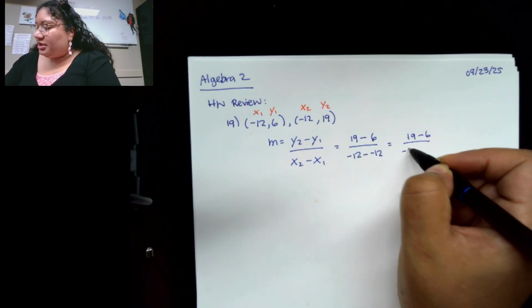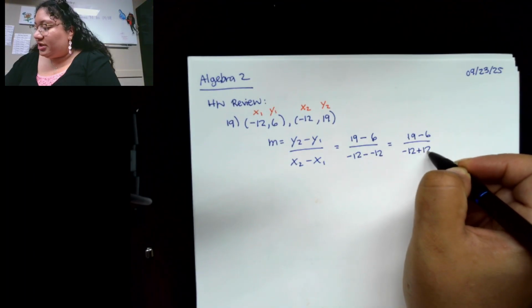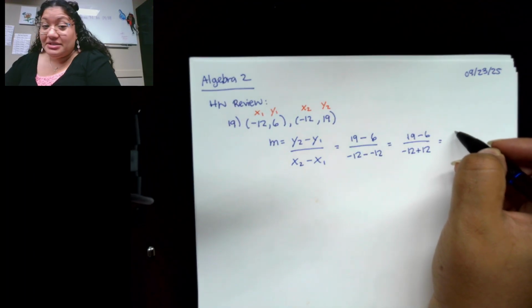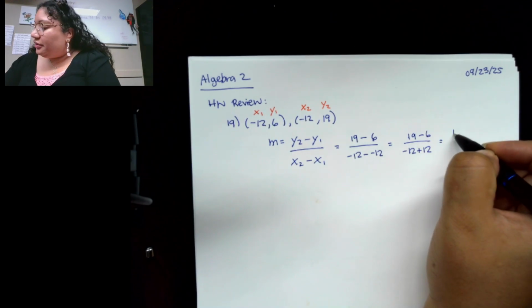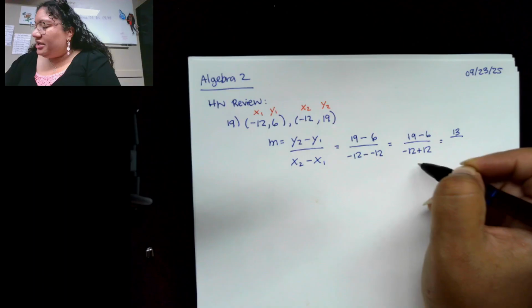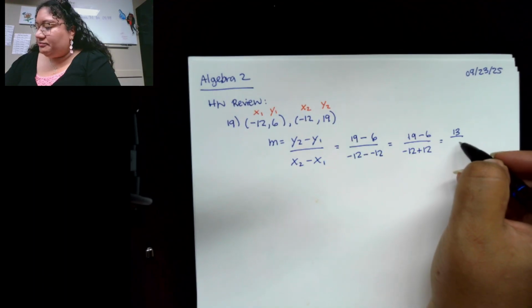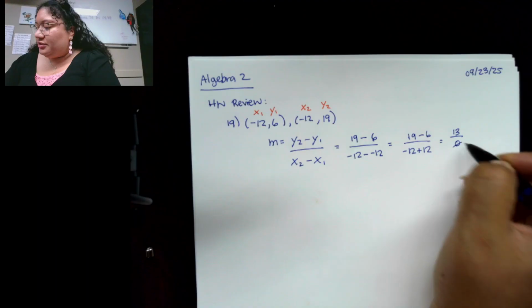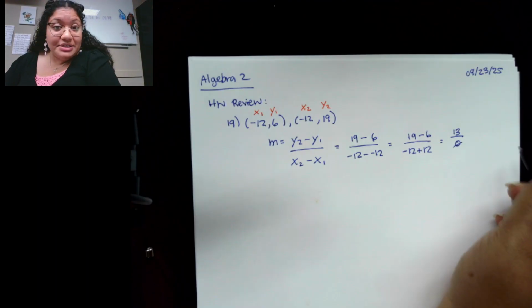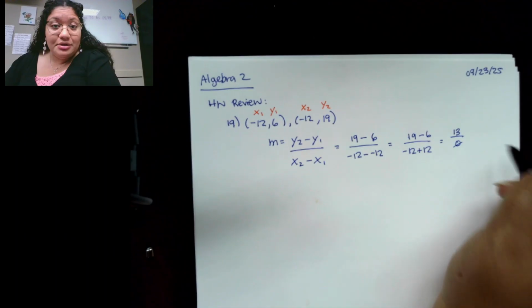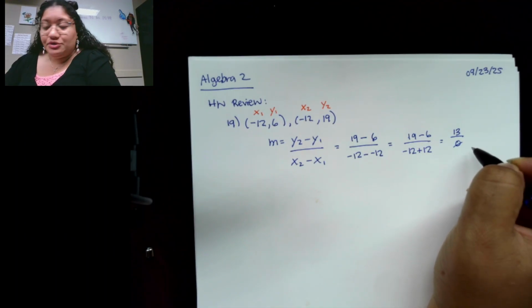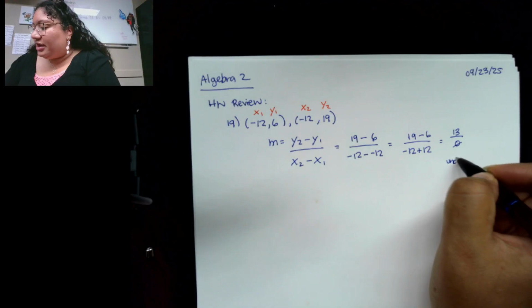Good job. Negative 12 plus 12. Okay, 19 minus 6 is 13. What is negative 12 plus 12? 0. Can I divide by 0? Can 0 ever be in my denominator? No. What solution do I get? Undefined.